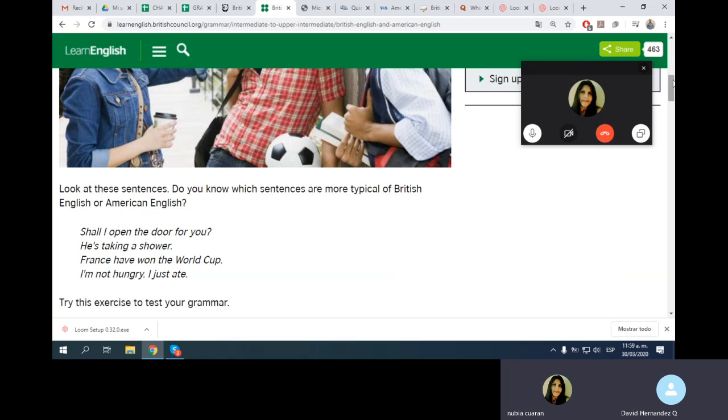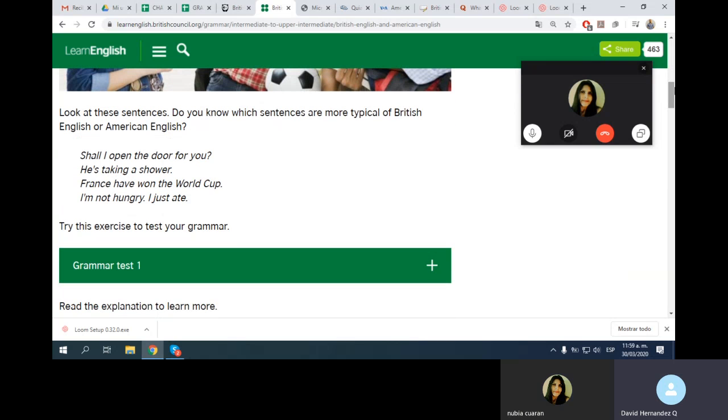Okay, teacher, let's try to do this exercise. I know that we haven't explained a lot, but I want you to try this test first with what you think, and then we are going to explain, and in the end, we are going to do another quiz to see how you improve over time.